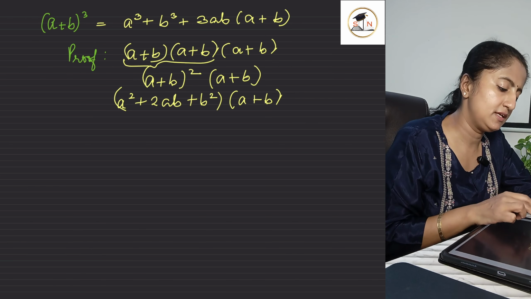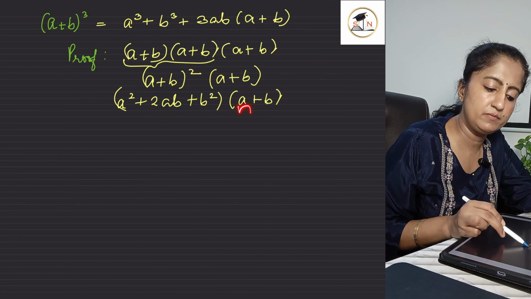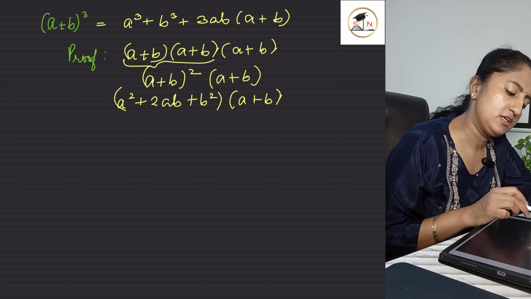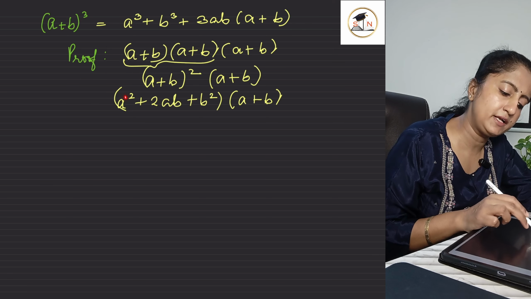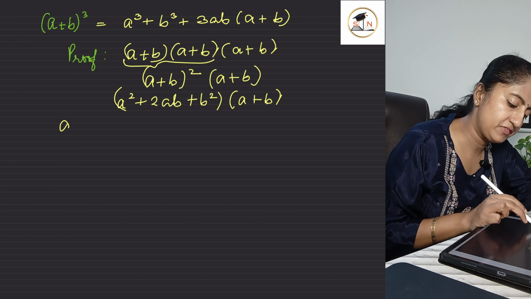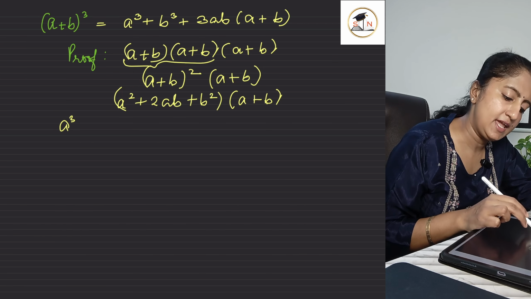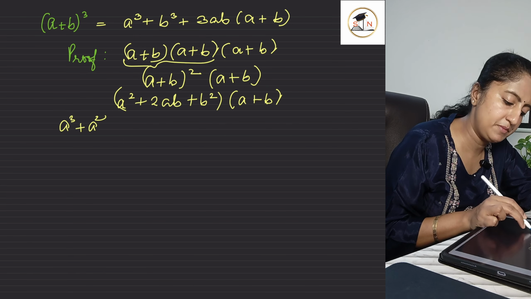Now what does this mean? This means we have got a trinomial to be multiplied with a binomial. So we have to multiply term by term. a square with a gives us a cube. Then a square with b gives us a square b.